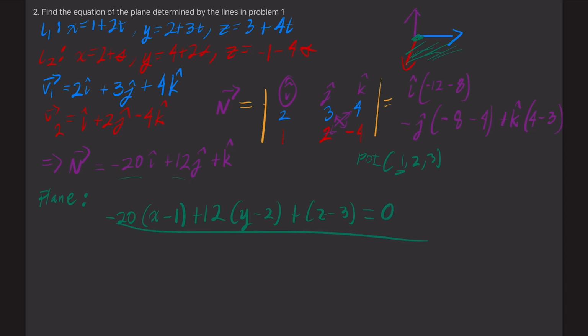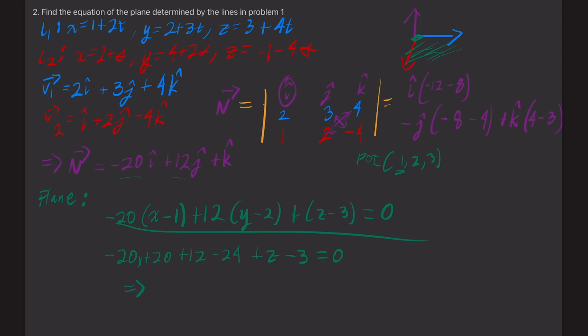So to simplify this, we'll just distribute. So we'll have negative 20 plus 12 minus 24, that's how you do math, plus z minus 3 equals 0. So then that's going to be negative 20x. Keep making silly mistakes. That's why you look back at your work, by the way.